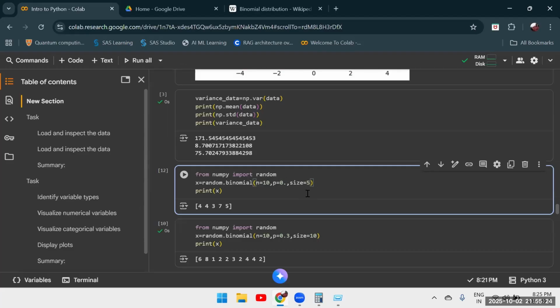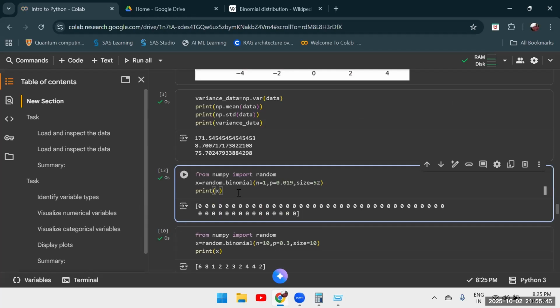So as per your understanding, let's take 0.019 as the probability and the size I'm mentioning as 52. The number of trials I'm going to take as only one trial. Now let's see what it is going to give.